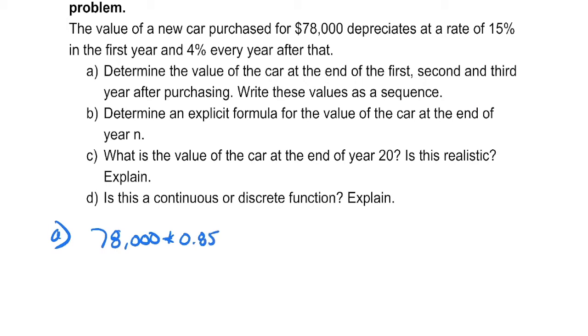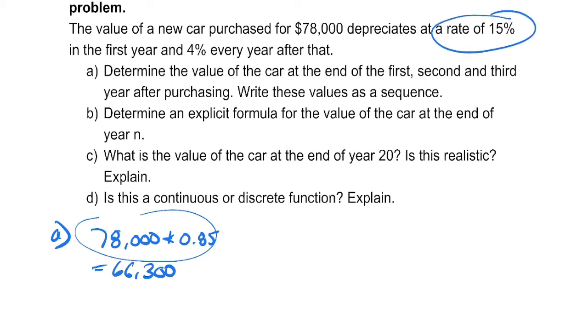So we can do the calculation of 78,000 times 0.85, and that is 66,300. Just to prove this formula of multiplying by 0.85: let's say we take this rate of depreciating by 15%.